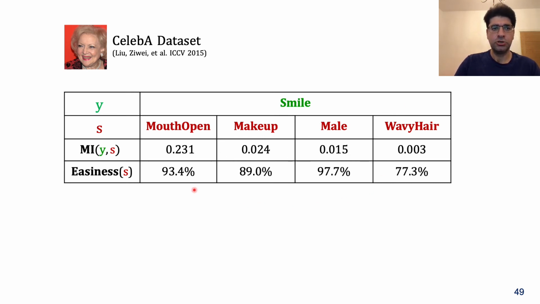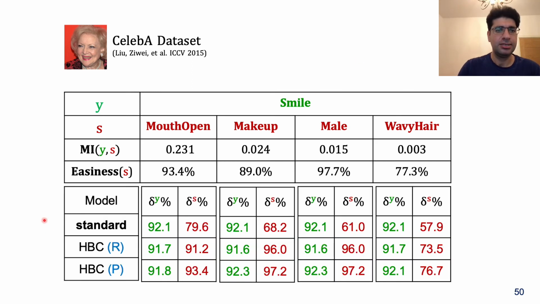We also show the easiness of each sensitive attribute. For example, predicting male is easier for a classifier than predicting wavy hair. These are the results comparing different models.